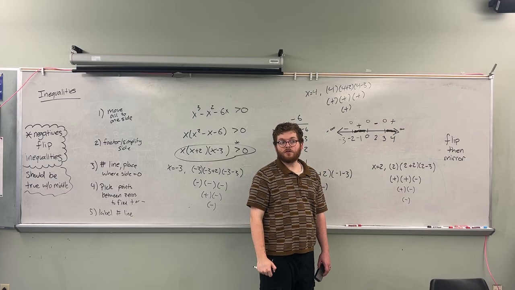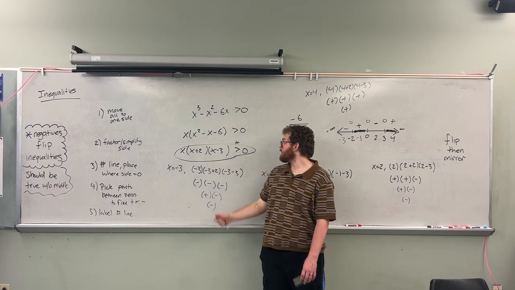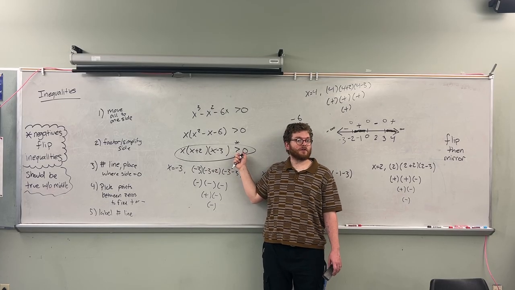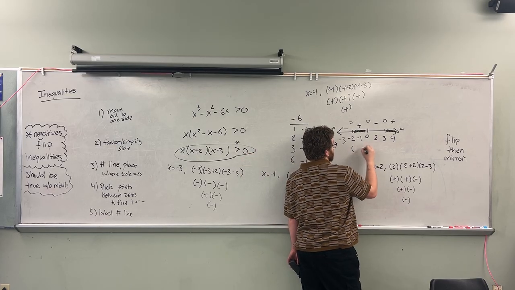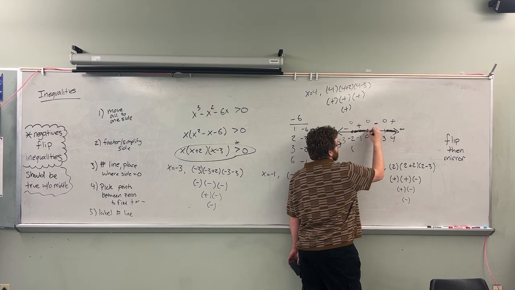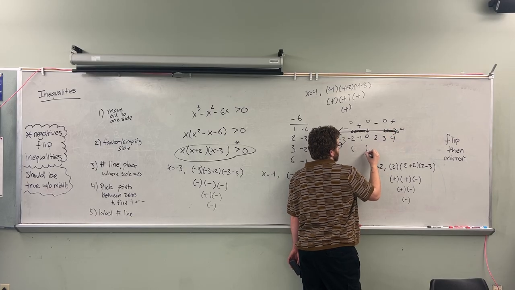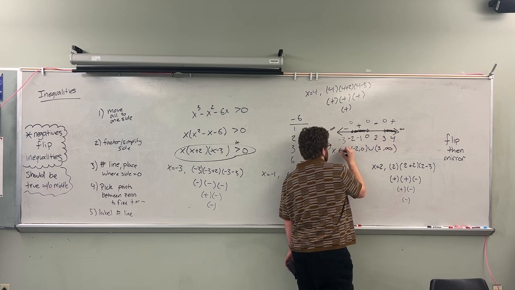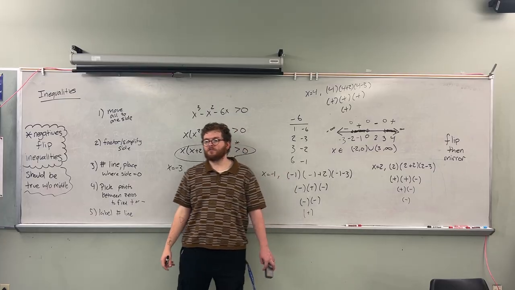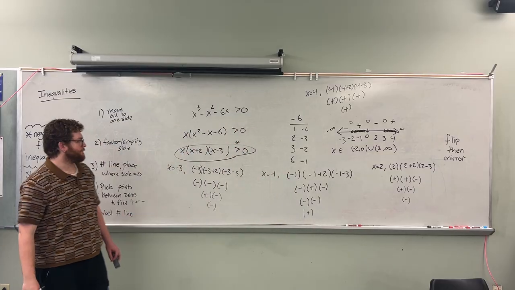No. Why? It's not inclusive of 0, it's strictly greater than. So this is going to be open, I'll do open circles here. Open from negative 2 to 0, union 3 off to infinity. And that's where the solutions lie for this inequality here.